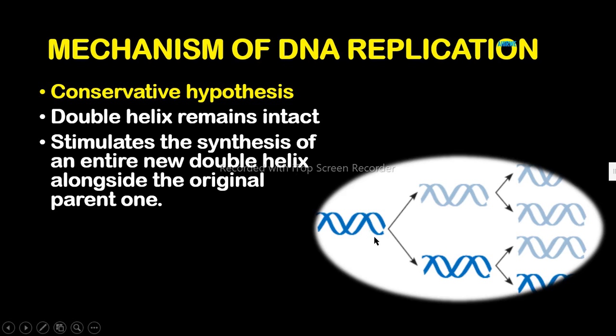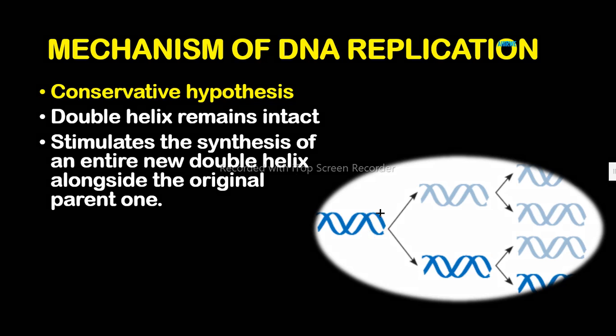And there are experiments that have been conducted. So with conservative, you can have a look. This is our parent DNA that is going to unwind and then the enzymes carry out the entire process of DNA replication.